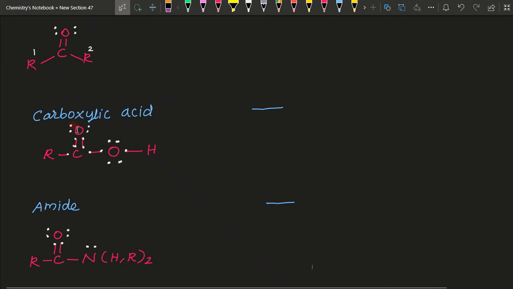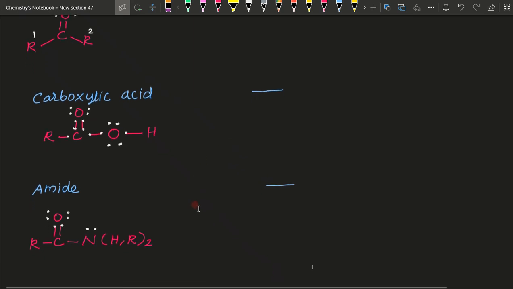This oxygen also has two lone pair electrons. This is the structure of the carboxylic acid molecule. There is no substituent name for this.